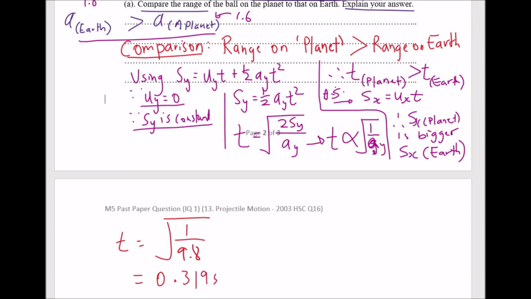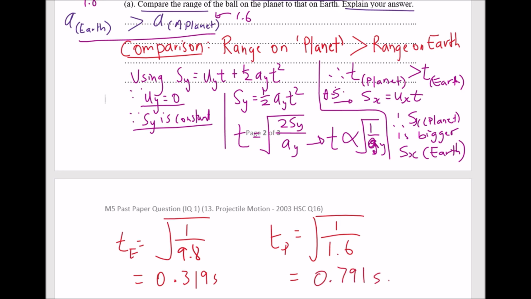If I then do a different one, T for planet, 1 over 1.6 or 1.3, whatever number you want to use, just make it smaller than 9.8. And that time is 0.791 seconds. So you can see the planet has a longer time already.